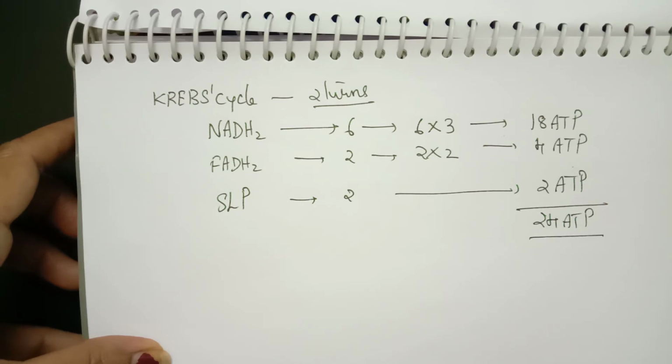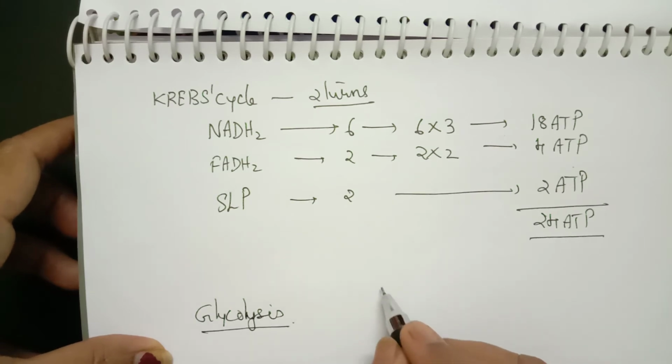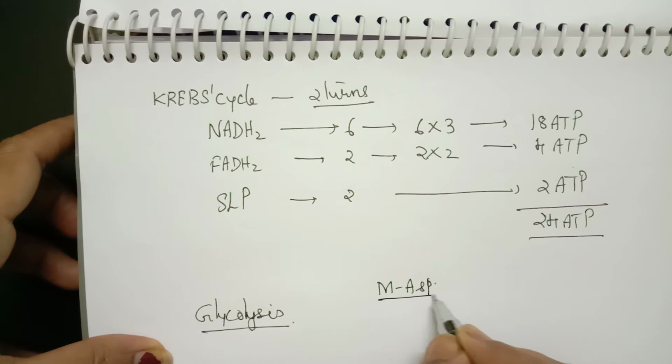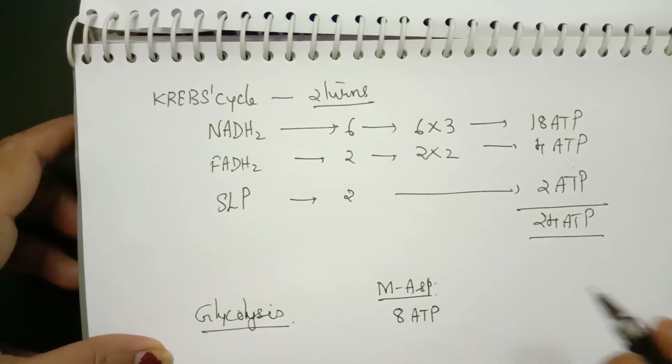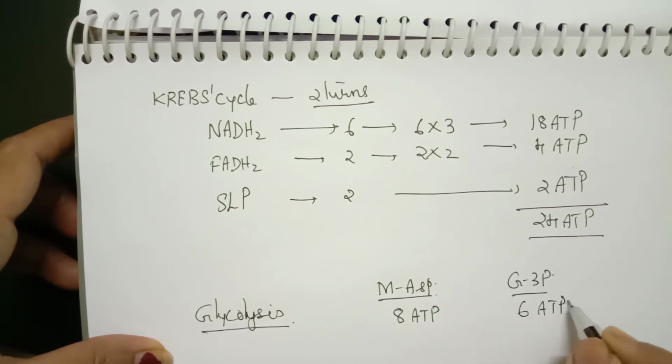Now, if we summarize all this, in glycolysis, if it is malate aspartate shuttle, we have 8 ATP. If it is glycerol phosphate shuttle, we have 6 ATP.